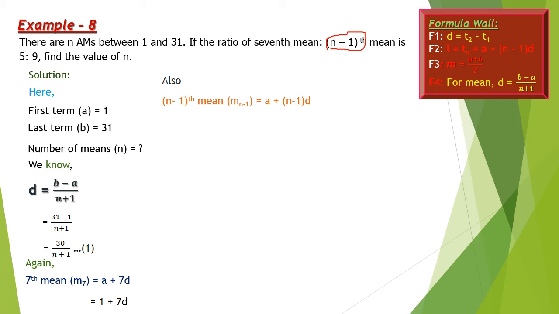If there is the (n minus 1)th mean, then it will be written a plus (n minus 1)d. So I don't think you will be confused. Whatever is here, that will be here. If there is 7, you can see 7. For the 7th mean, 7d. If we add 7d to our first term, then we are going to get the 7th mean. If we add (n minus 1)d to our first term, then we are going to get the (n minus 1)th mean.